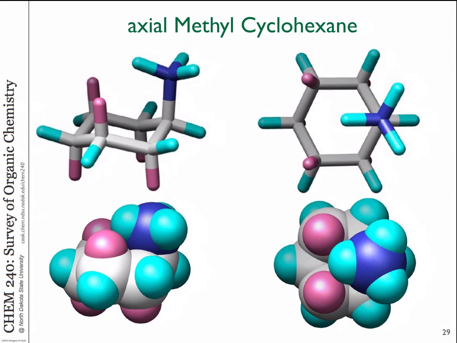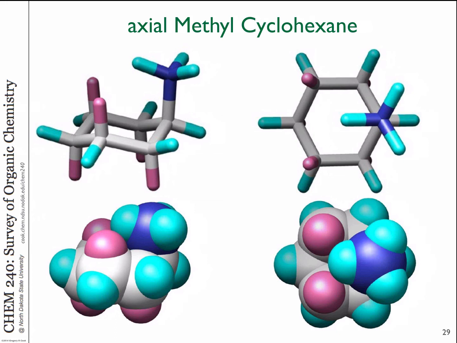And a space-filling model shows you why. So again, take a look at the side chair view and looking from the top down on the molecule. You can see that this methyl group is pretty crowded with these other hydrogens that are axial on the same side of the ring.